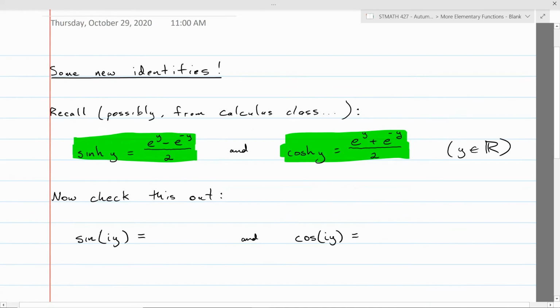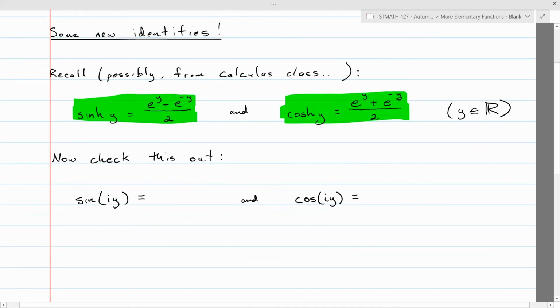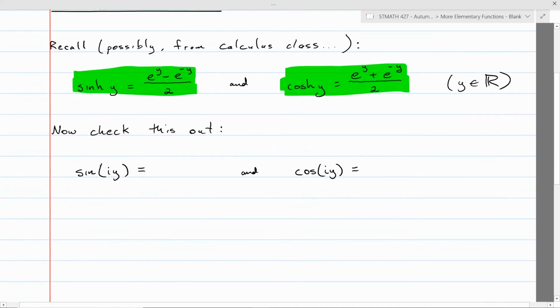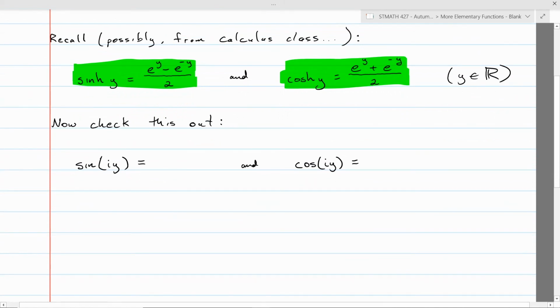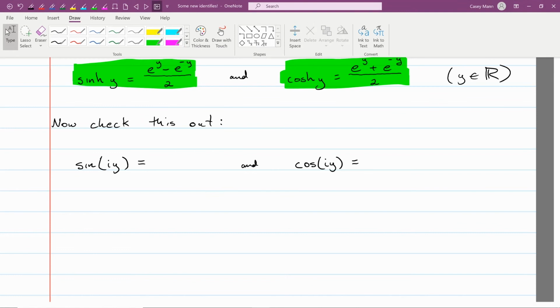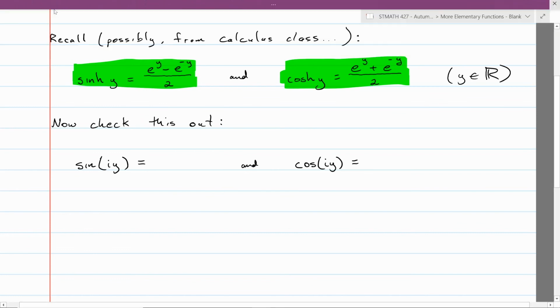Notice how similar this looks to how we define sine of z and cosine of z. It's like the same formulas, but without the i's in the exponents. Now check out what happens when you take the hyperbolic sine and hyperbolic cosine, but substitute iy in place of y, and see what happens.